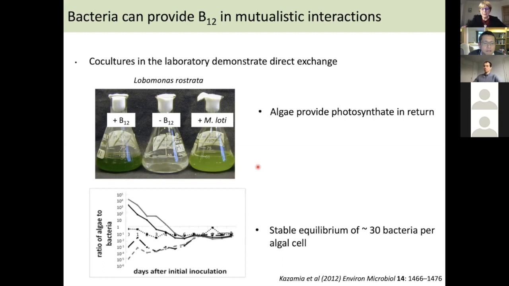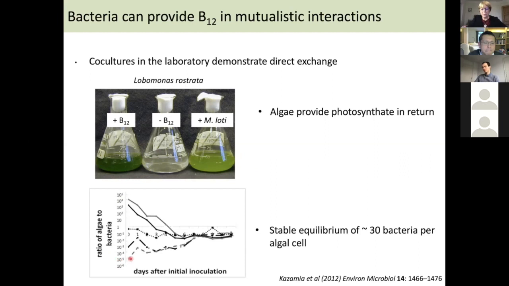And this is an experiment where we took different proportions of algae and bacterial cells. We initiated them, so for example, we initiated a culture with 10,000 algal cells per bacterial cell, or 100,000 bacterial cells per alga.